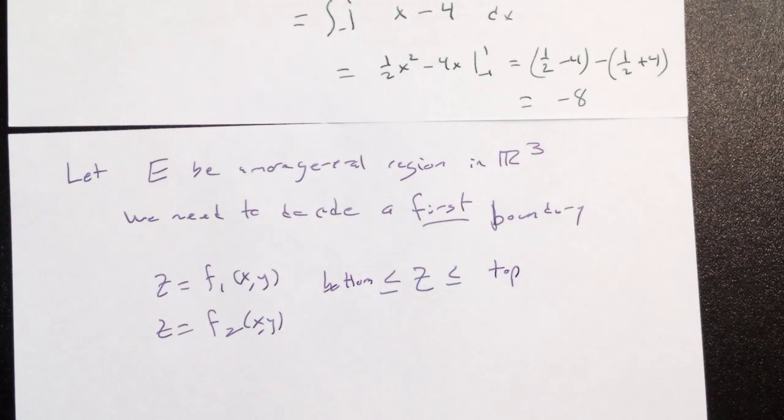So I could say, I've got a bottom and a top. I'll do an example of this in a moment. But if I have a bottom and a top, then those two pieces have to live over a region in the XY plane.